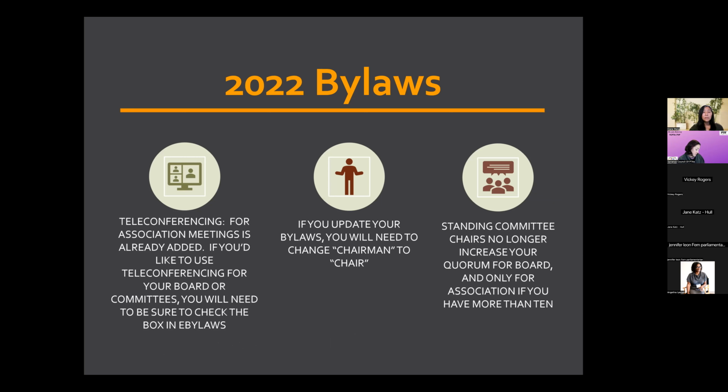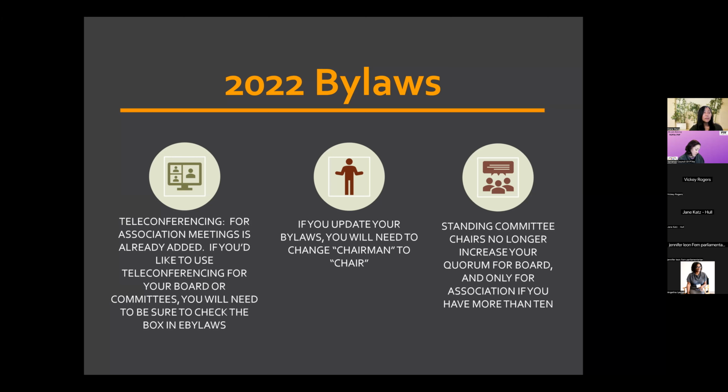What they will want you to do if you change your bylaws is to change the word chairman to chair everywhere in your bylaws. I've been told that the state parliamentarian will reject it if it says chairman, because we're getting away from that.